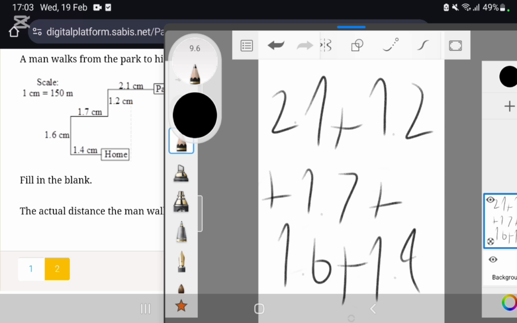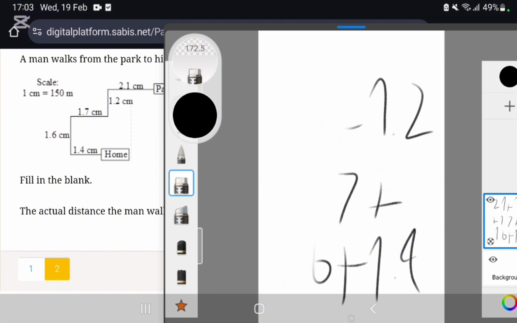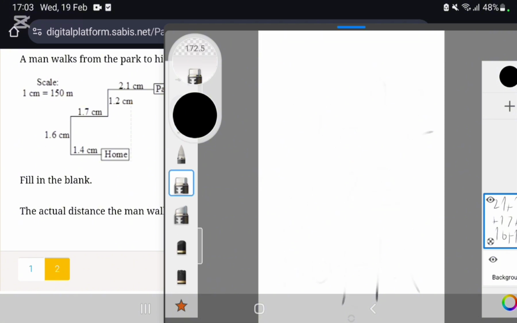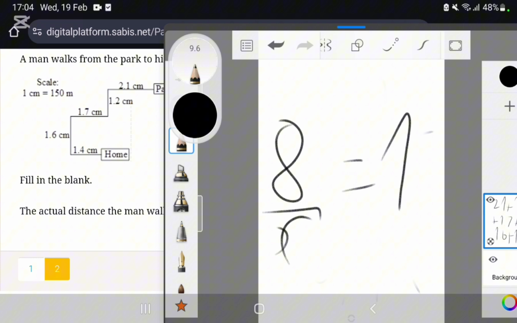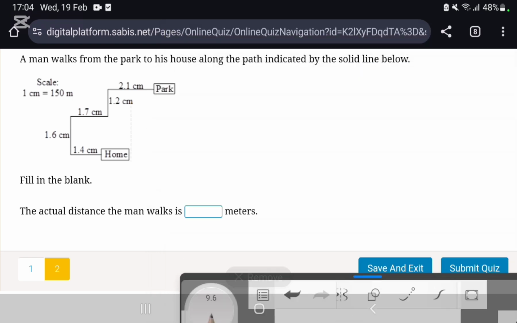And then we do that times 150, because let me do the ratio. 8 over x is equal to 1 over 150. We get that x is equal to 1200.